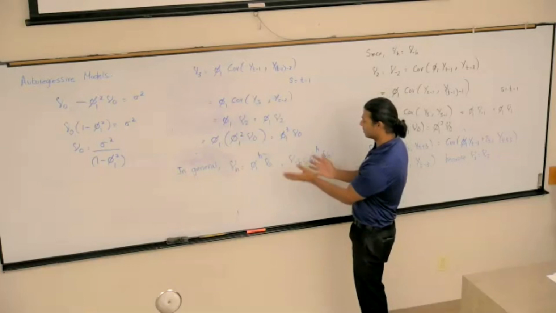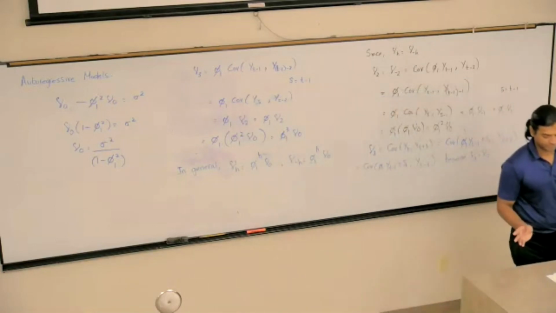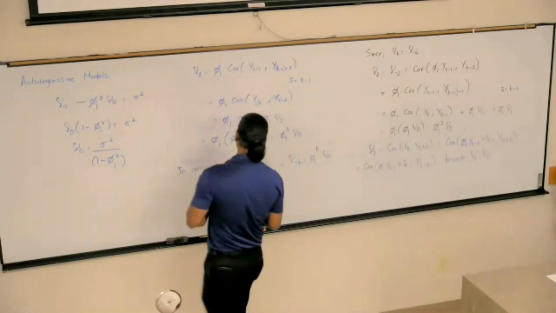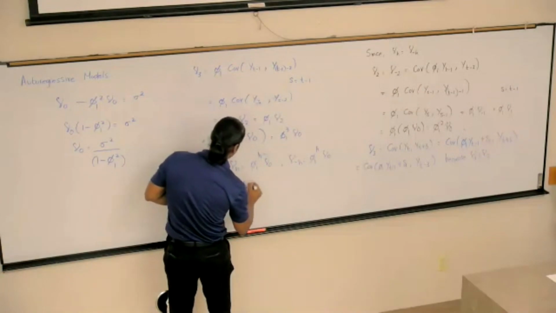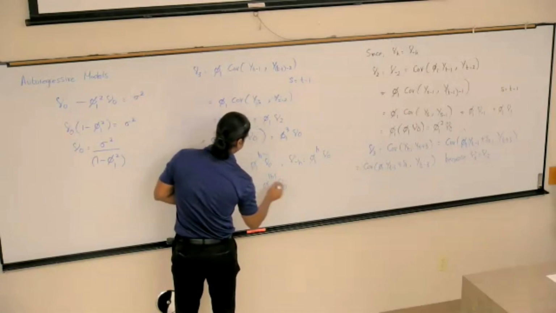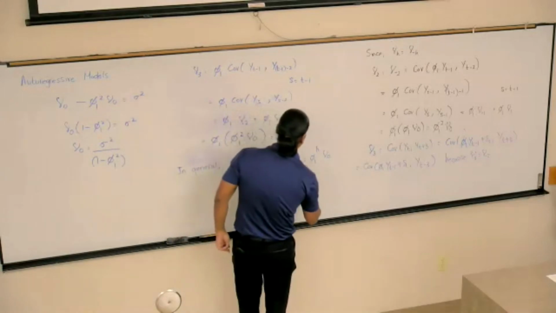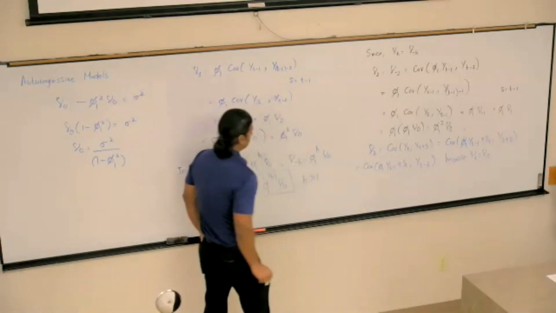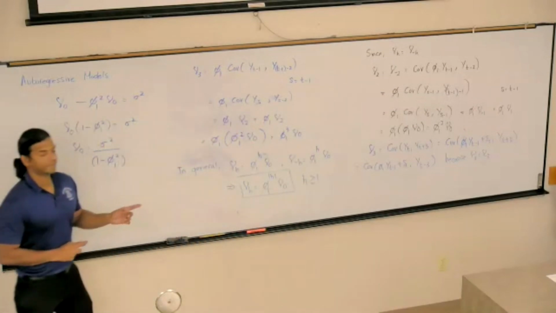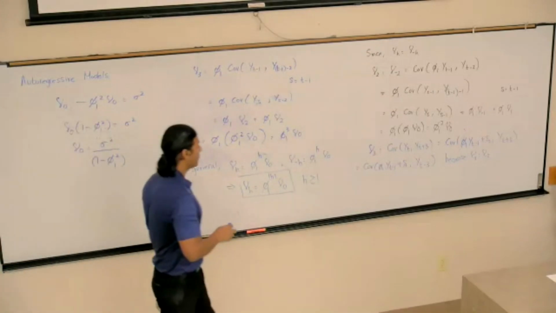So what is a compact way of writing for both positive and negative values of h? Absolute value, very good. So that is the autocovariance function for an AR1 process.